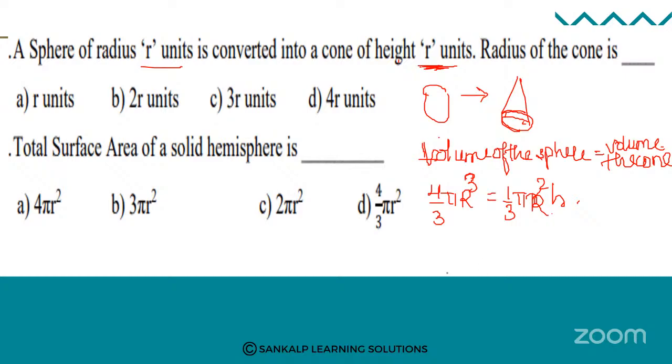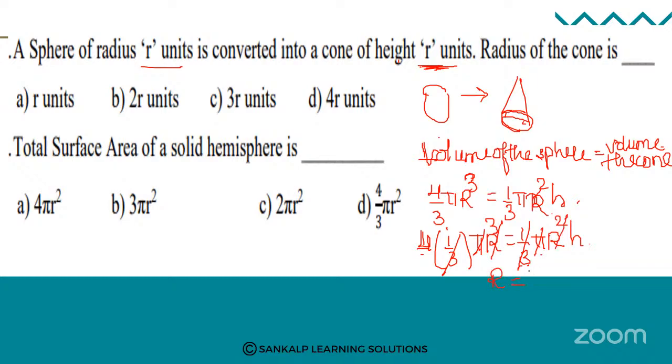Now, 4 by 3 can be written as 4 into 1 by 3, pi r cube is equal to 1 by 3 pi r square h. 1 by 3 will get cancelled. Pi, pi. Okay. R cube is there, so one r will remain.